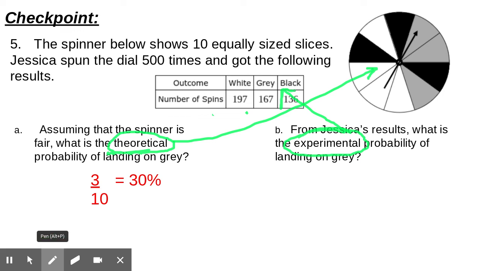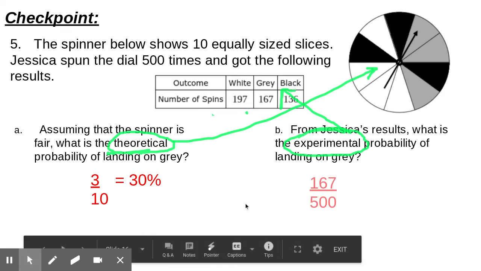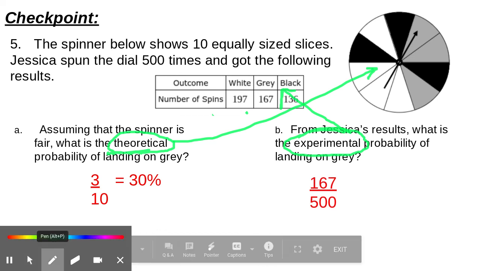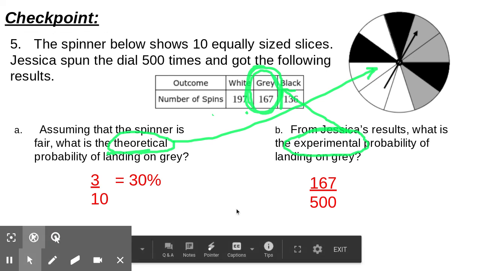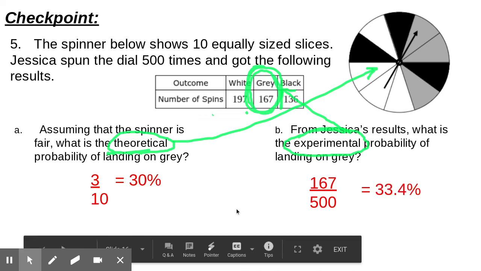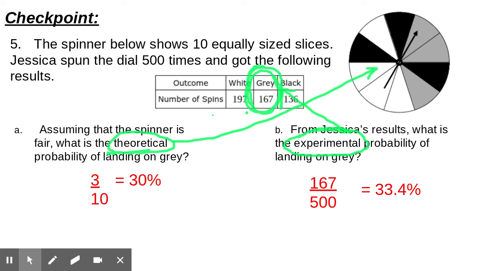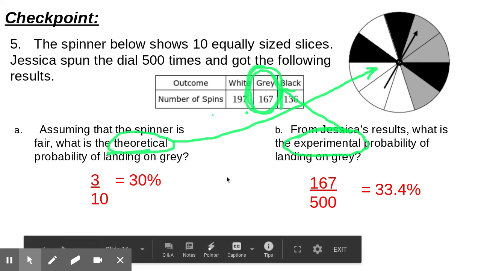Because I'm looking at results. So looking at results, I want to land on gray. So that's 167 that landed on gray out of the 500, which then gives me a 33.4% chance.